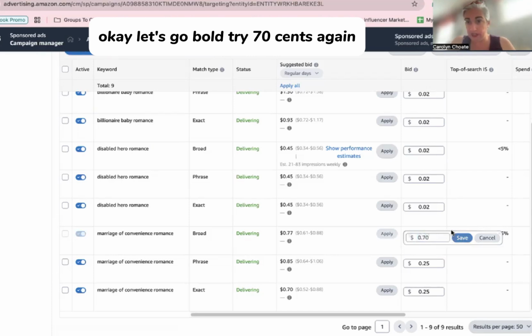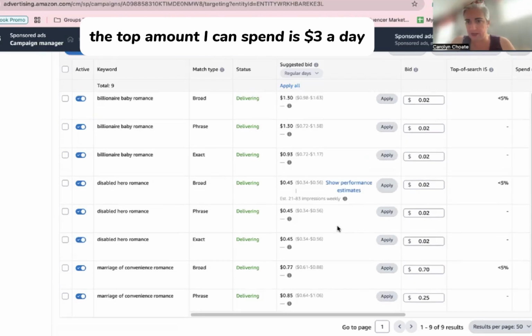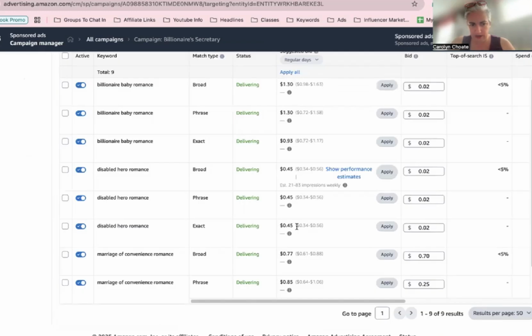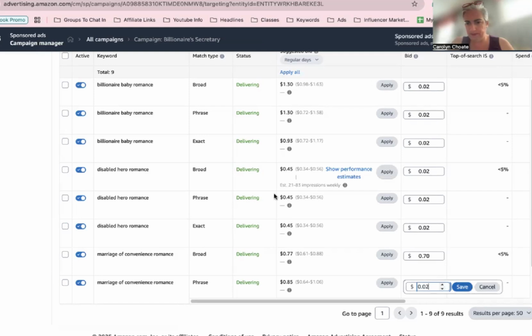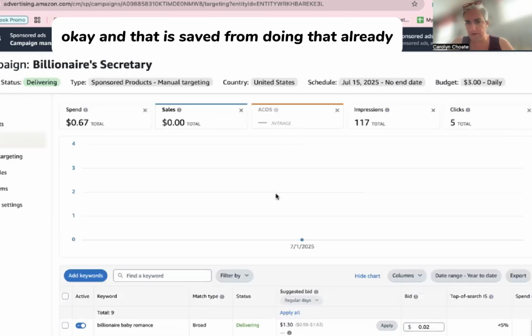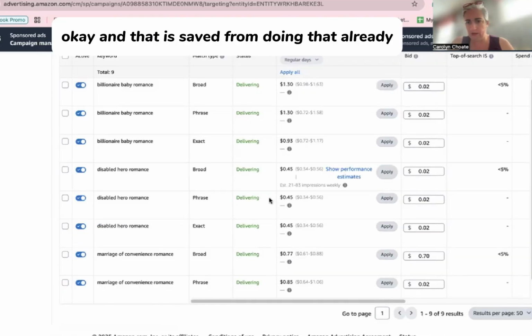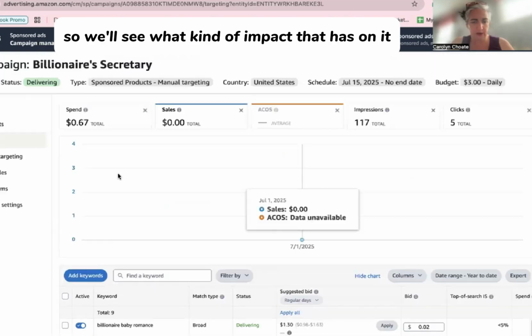Try 70 cents. Again, the top amount it can spend is $3 a day. This one back down to two. Okay, and that is saved from doing that already. So we'll see what kind of impact that has on it.